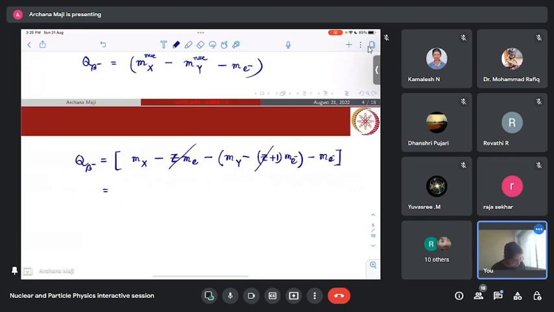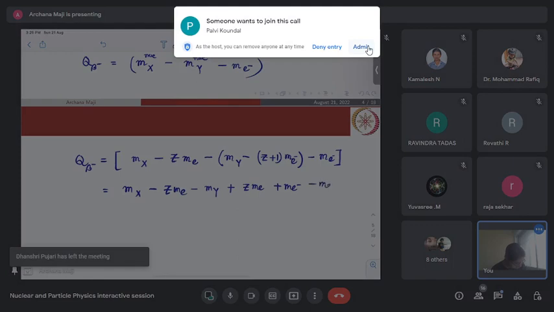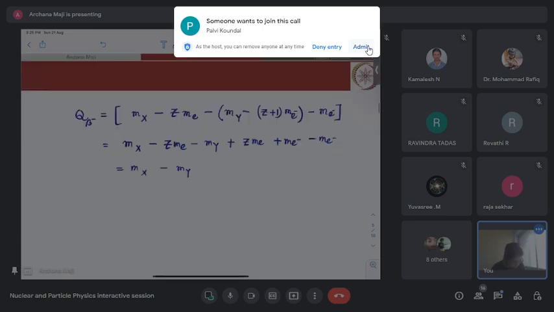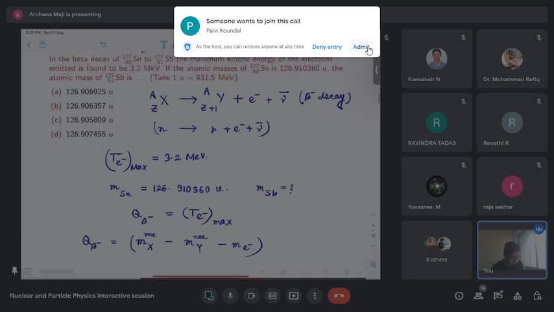this cancels out with this Z, and this one will again cancel out with this. So this is basically the atomic mass of X minus the atomic mass of Y. In our problem, X is nothing but Sn.